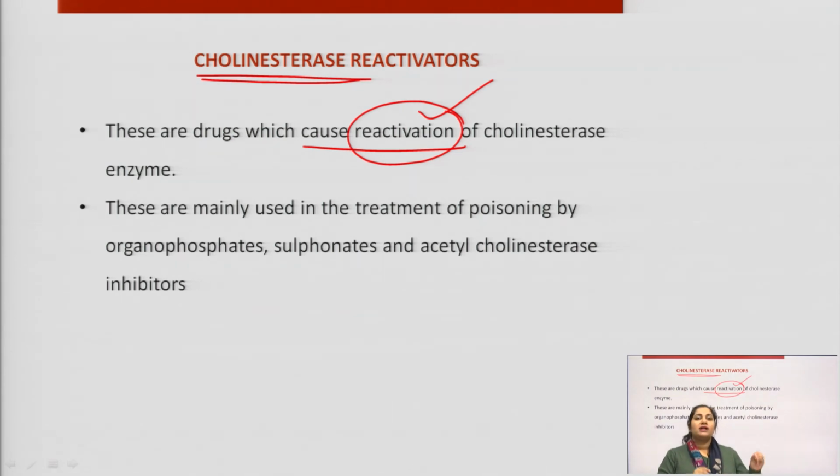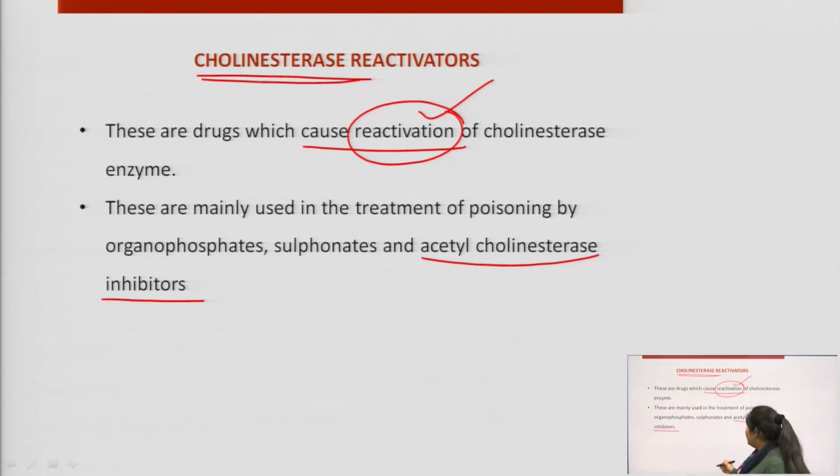To produce that hydrolytic action, we need this cholinesterase enzyme, but this enzyme is bound with the irreversible or the reversible acetylcholinesterase inhibitors, which we have studied earlier. So, these reactivators will help to treat the poisoning of these inhibitors.